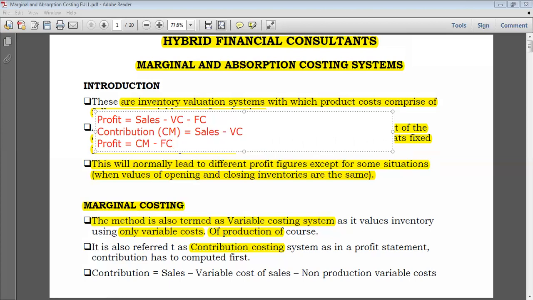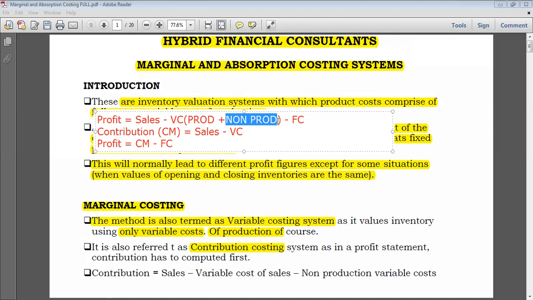All right. So when speaking of variable cost, here we contemplate on whether the cost is related to production or not. You would have to make a separation: variable costs that are related to production, which constitute cost of sales, and variable costs that are not related to production. For the non-production costs, you just take all other costs.